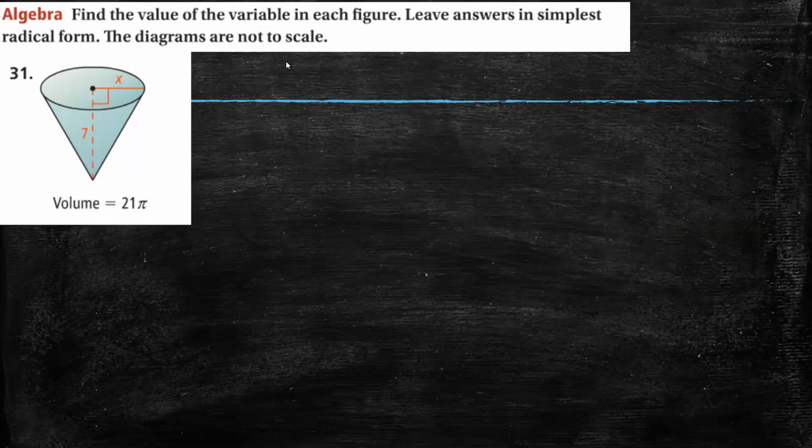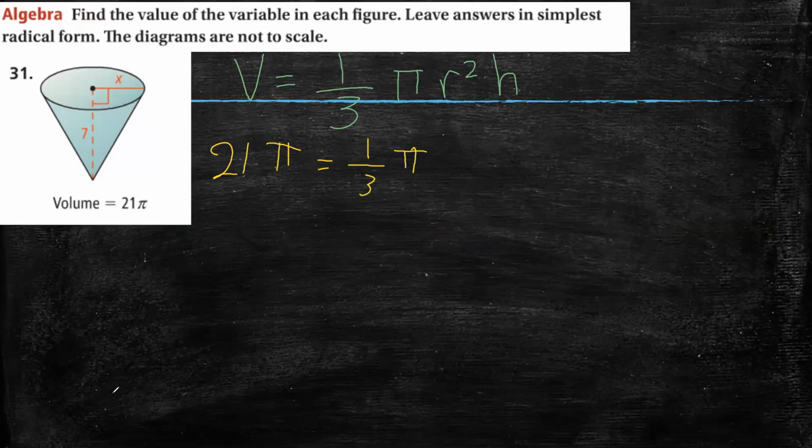The volume is one third pi r squared h, so 21 pi equals one third pi r squared times 7.